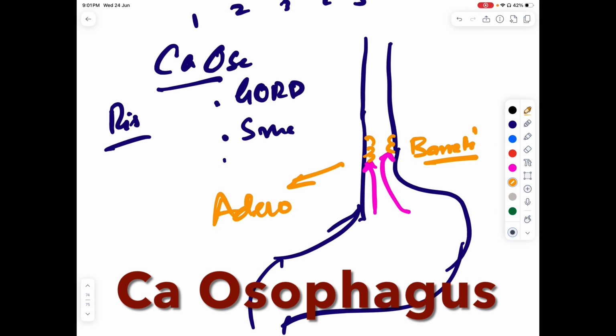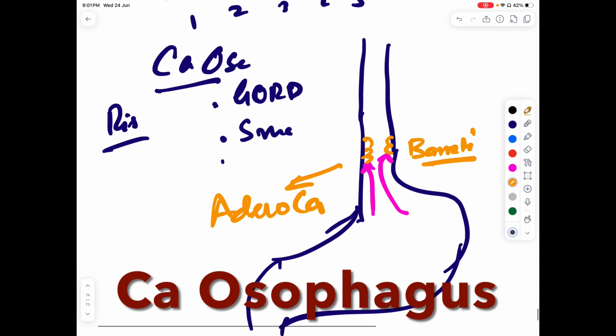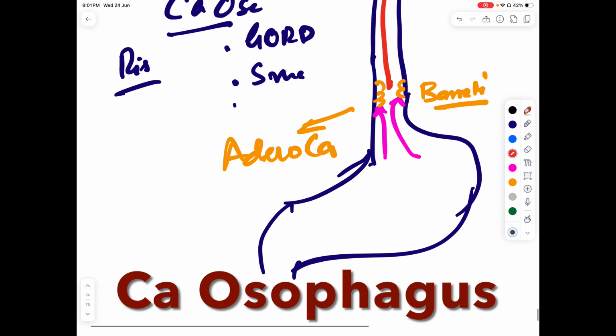So an endoscopic biopsy is done, and this biopsy will give grade and immunohistochemistry.